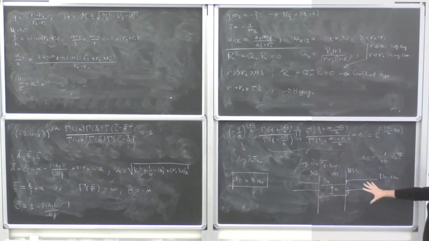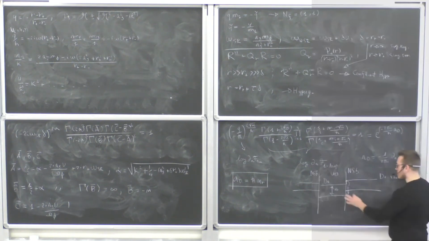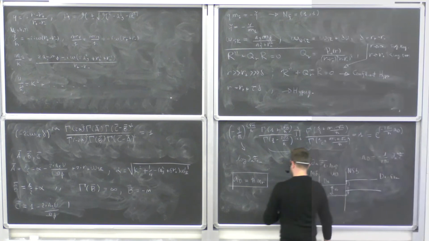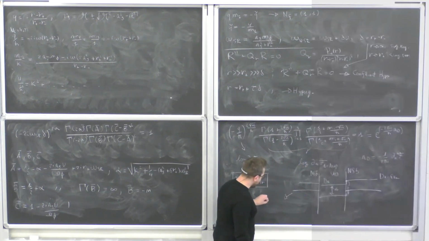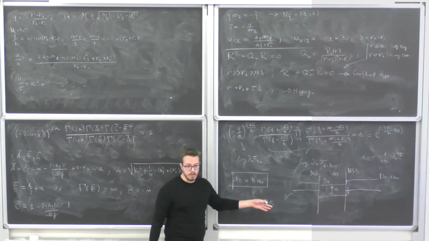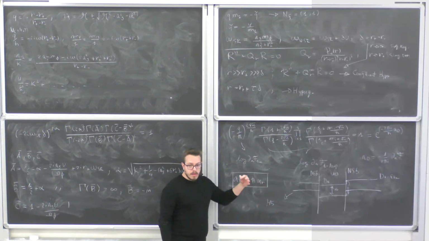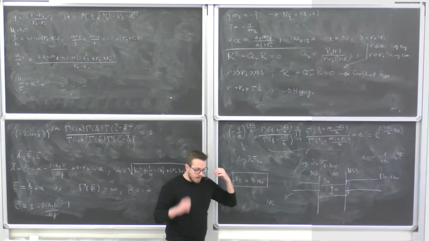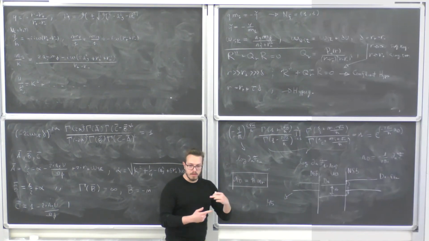But that's not the whole thing, because you can also give a description of this in terms of M5 branes wrapping a Calabi-Yau, and then the classical Seiberg-Witten curve could be a cycle.